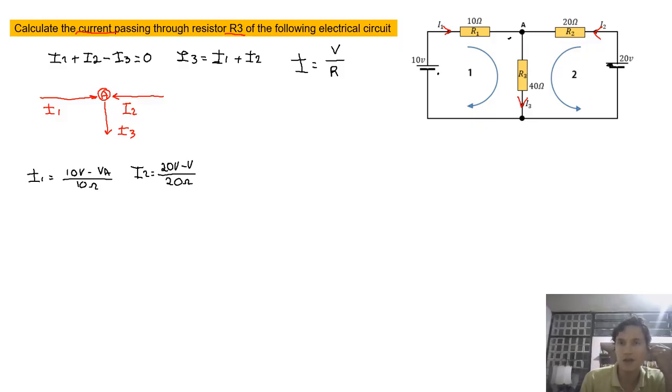In the case of current 3, it passes through the resistor that has a resistance of 40 ohms. So current 3 is equal to the voltage, in this case VA, over 40 ohms.